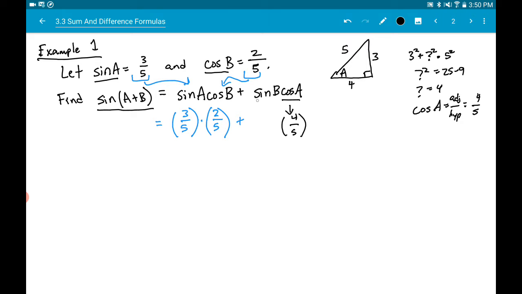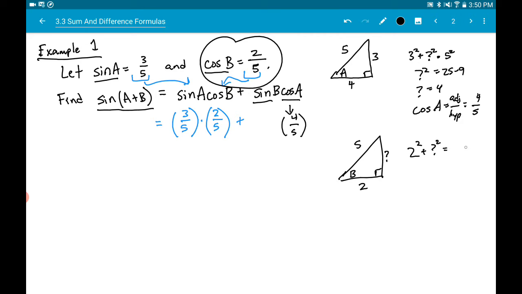So if I do kind of the same idea here with setting up a reference angle for angle B, it says that cosine of angle B is 2/5. Again, cosine's adjacent over hypotenuse. And now if I want to find this missing side here, it'd be 2 squared plus question mark squared equals 5 squared.